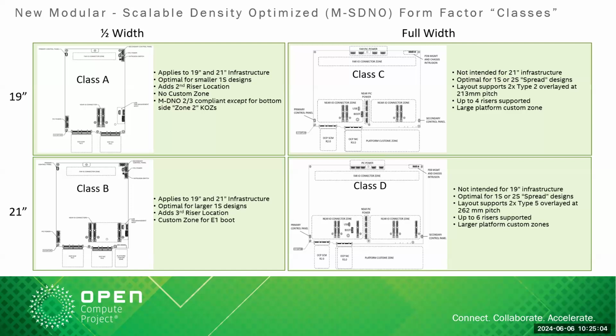So I want to quickly go through what Estino is and give you a high level. So, scalable density optimized. We wanted to create a scenario of designs that are a matrix of solutions that are either 19-inch or 21-inch or half width or full width, and it creates some scalability between the different designs.